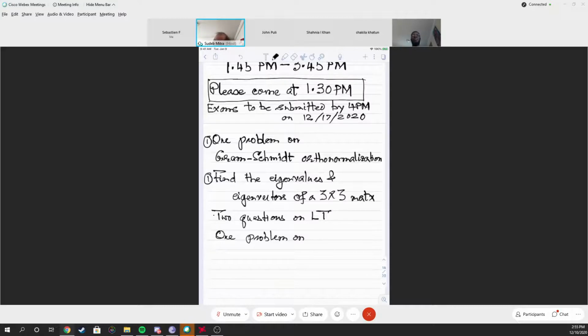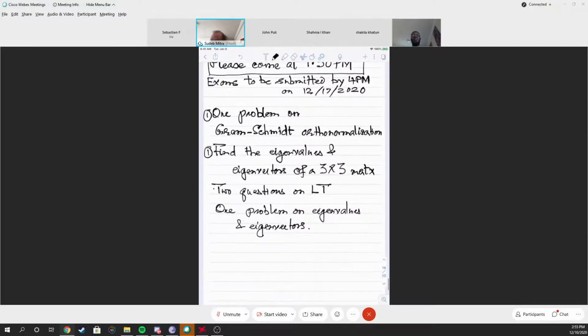A problem on eigenvalues and eigenvectors. And then straightforward things. So how many questions so far? 4, 1 plus 1, 2. So this is 2, 4, this is 1, 5.